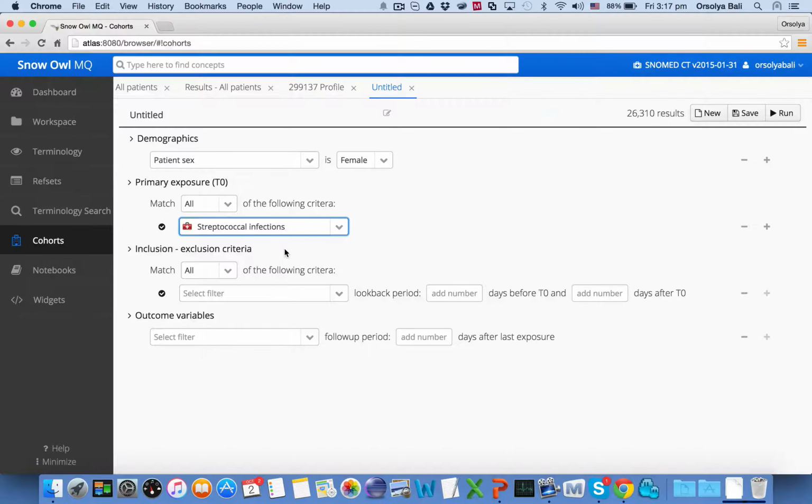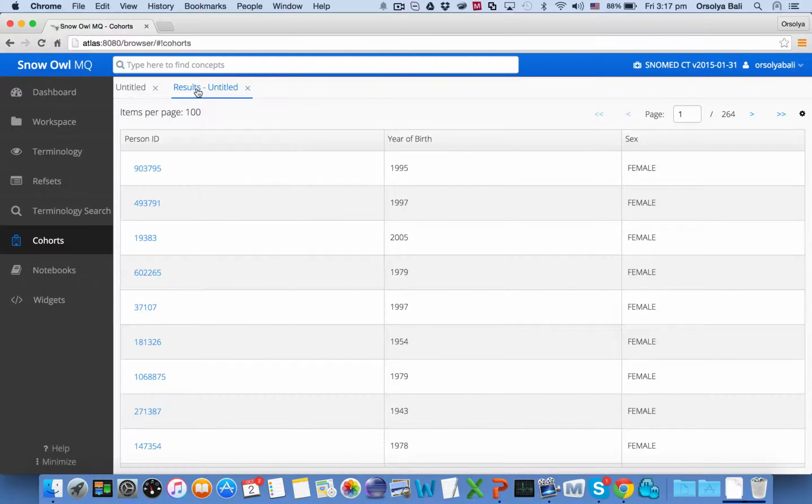And I will use this streptococcal infections filter. Running this query returns 26,000 results.